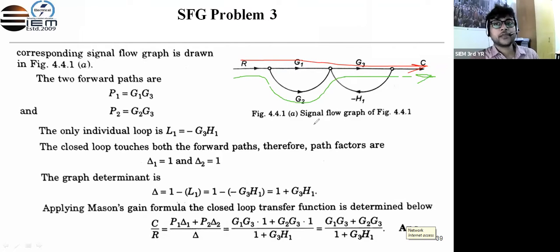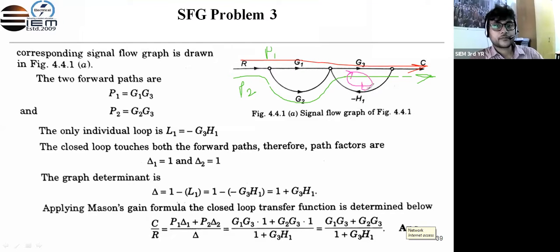So this is P2, and this is P1. Only one loop is possible, that is L1 equals minus G3 into H1. That loop is this, one loop is possible here.